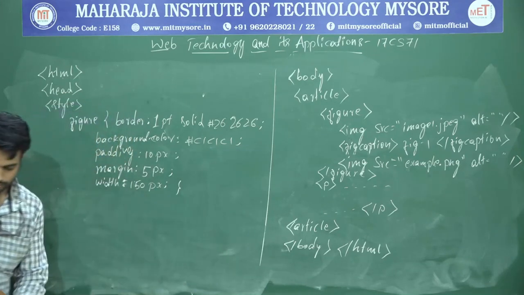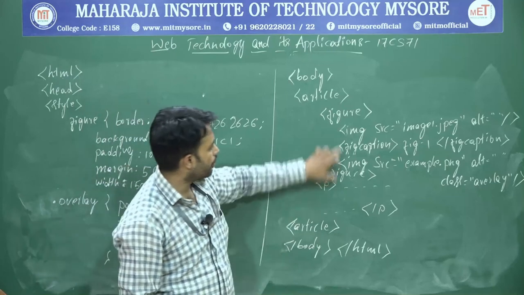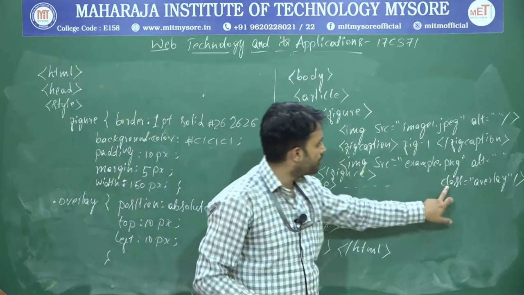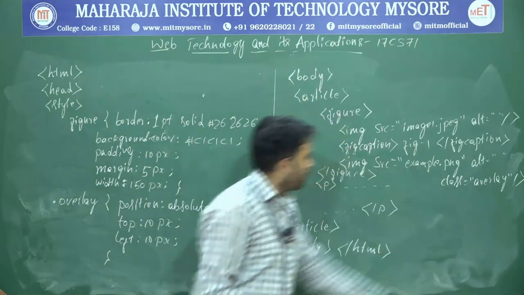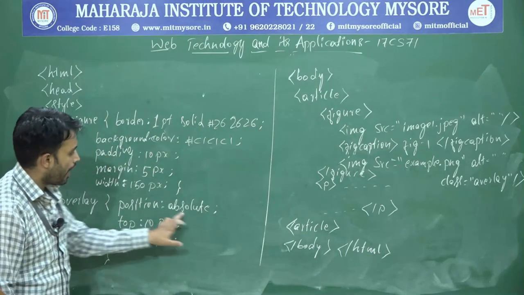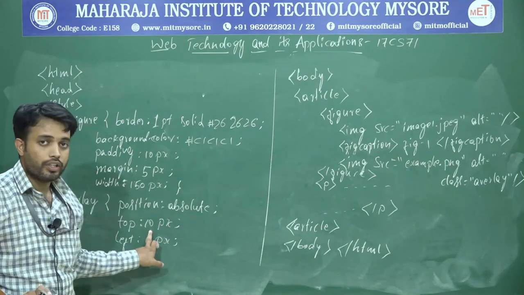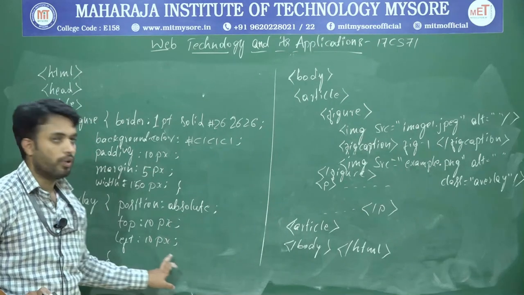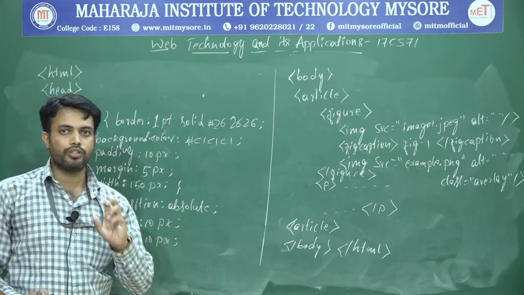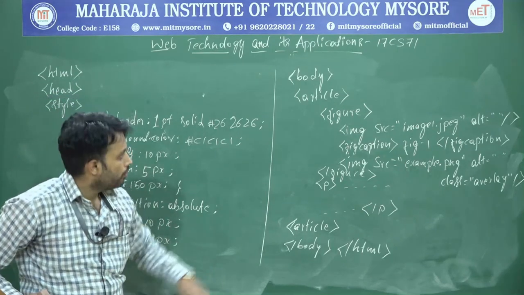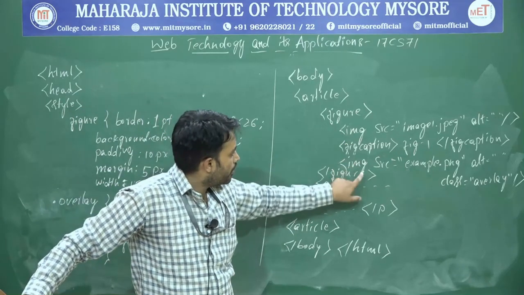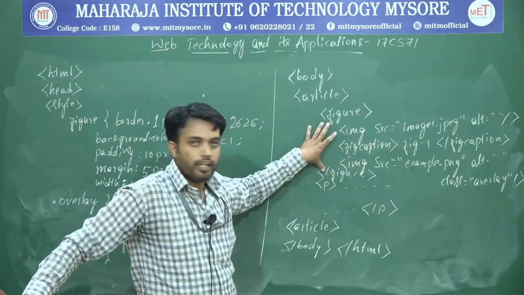Now here I have two images. For this second image, I have defined class overlay, and the overlay property is position absolute. From the top it is 10 pixel, and from the left it is 10 pixel. In that position I need to display it now. Here we have one image and a second image within this figure, right?